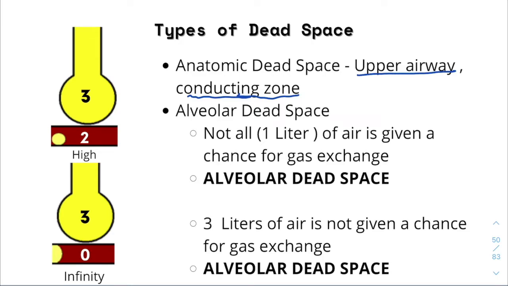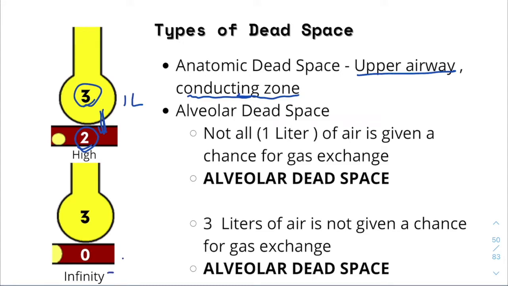You have your alveolar dead space that can be found in a high or infinity VQ. When you have a high VQ, so 3 liters of air and only 2 liters of blood, 1 liter of air is not given a chance for gas exchange. So you call this your alveolar dead space.